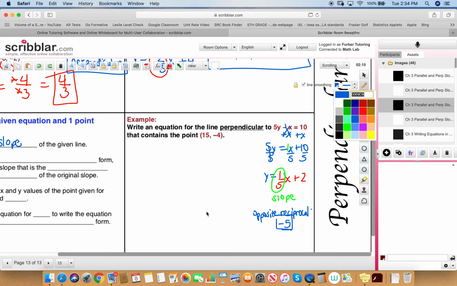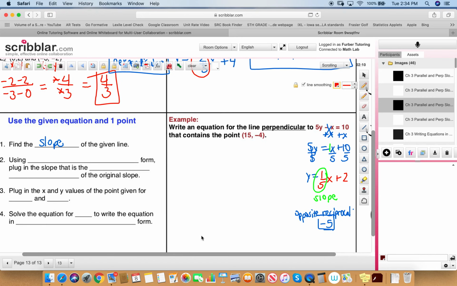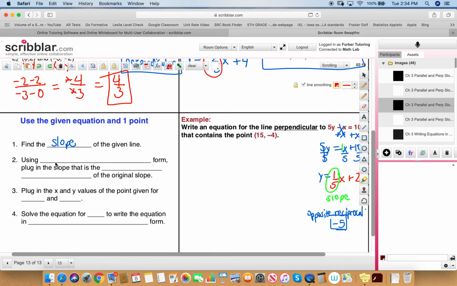We will use that slope, because that's what we have to use to make it be in slope-intercept form and to be perpendicular. So we are going to use point-slope form. And we're going to plug in the slope that is the opposite reciprocal of the one that is on the original equation.